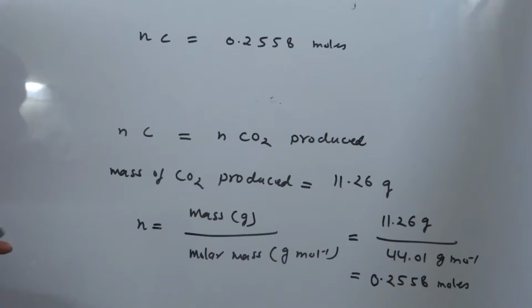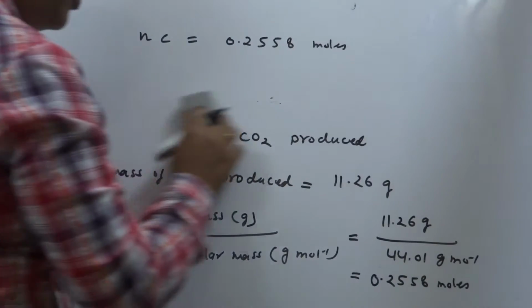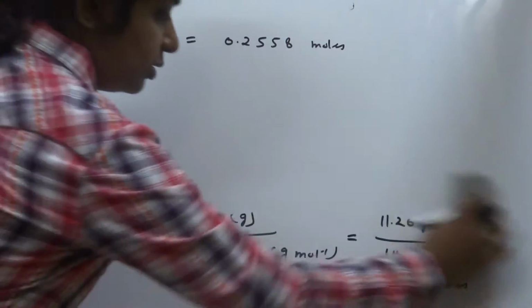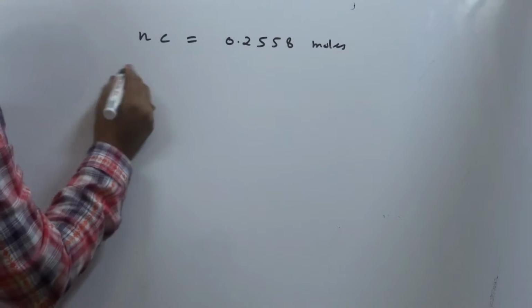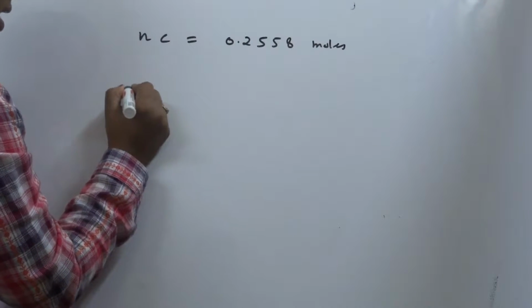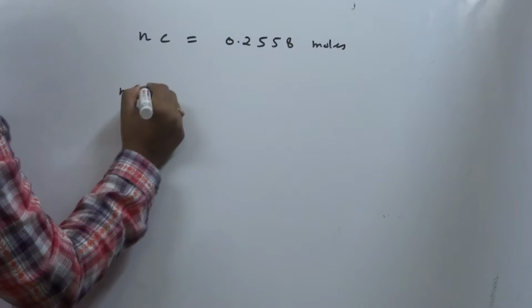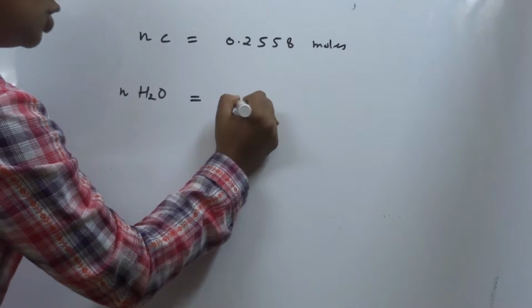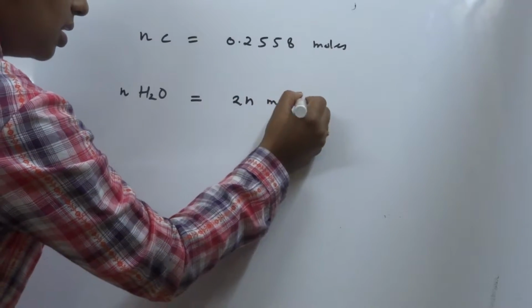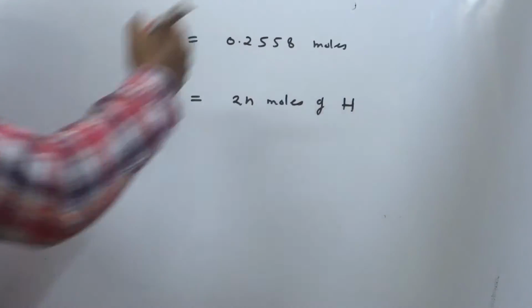Now, if we can calculate the number of moles of hydrogen in the original sample, we can work out the empirical formula also. So, if I have n number of moles of water, then I will have 2n moles of hydrogen in the original sample.